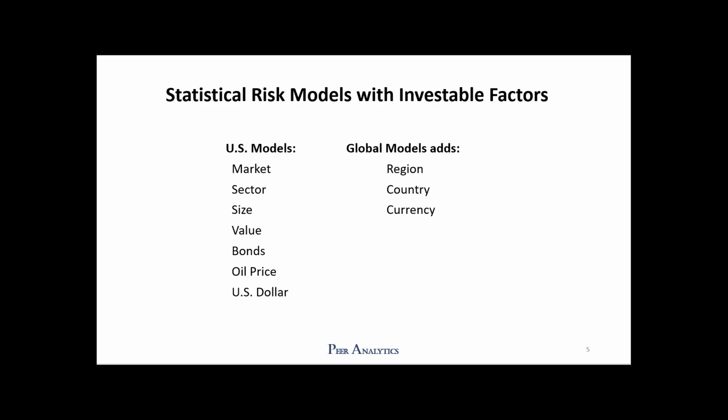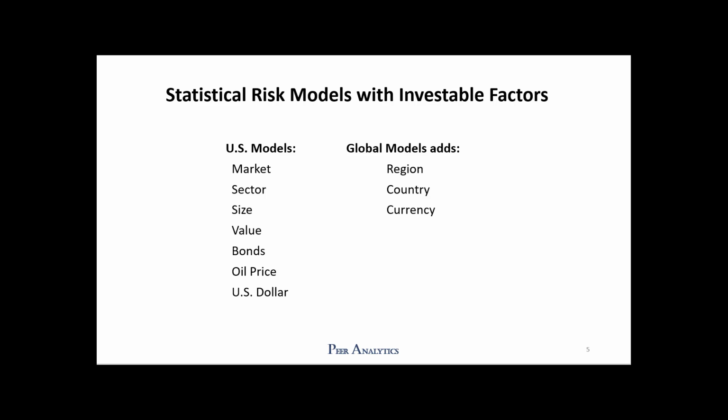But imagine equally robust models that use a much smaller number of factors, all of which are investable as passive ETFs. Our approach is statistical rather than fundamental, 10 rather than 130 factors, and definitely more intuitive.